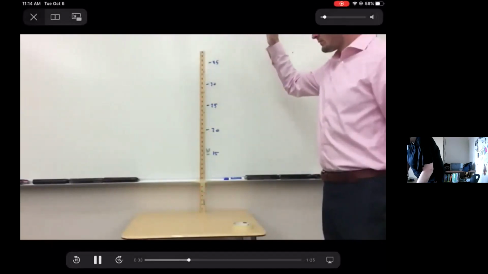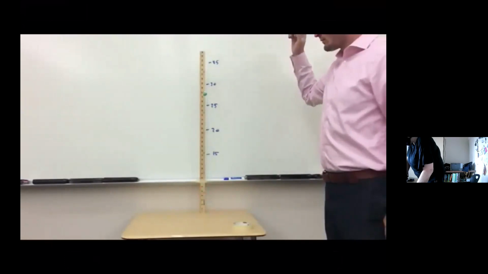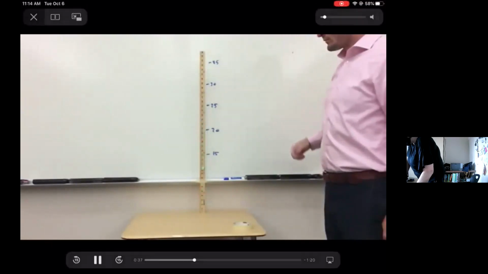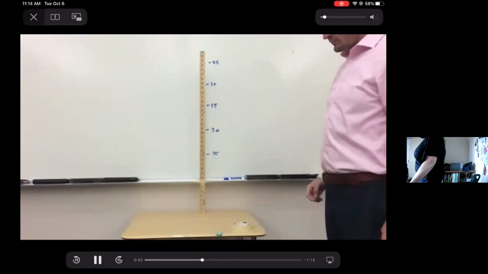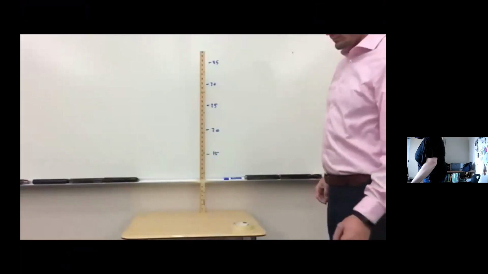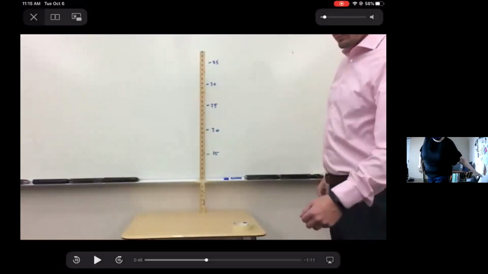Start it over. Okay, there's a 27. If we go back a little bit, it looks like it's at 21. And I think this time it comes off the table. Yeah, it goes off the table. Okay, so let's look at our values.